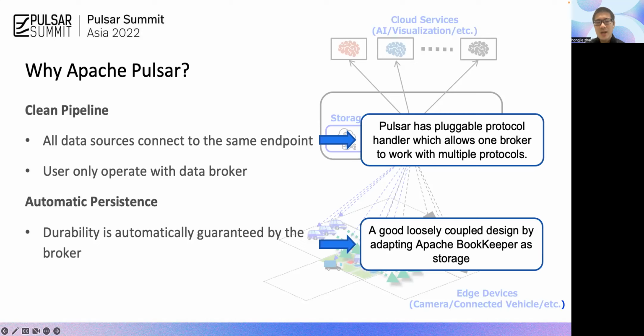It also has a good loosely coupled design with BookKeeper. So it's possible to scale out the storage if we need to store more data without changing the number of brokers. And one more reason is that Pulsar shows good performance in both latency and throughput in our benchmark. So we will talk about it later.